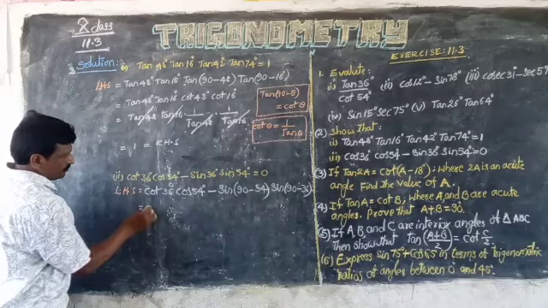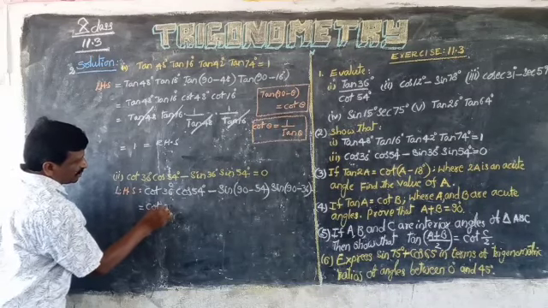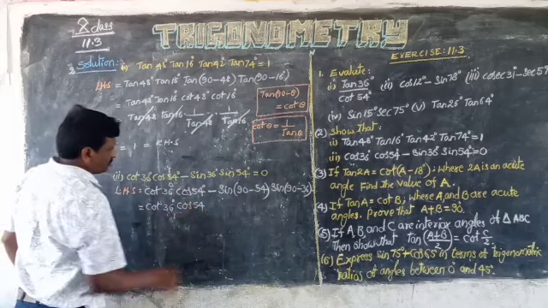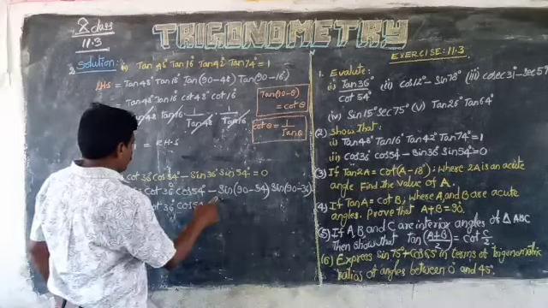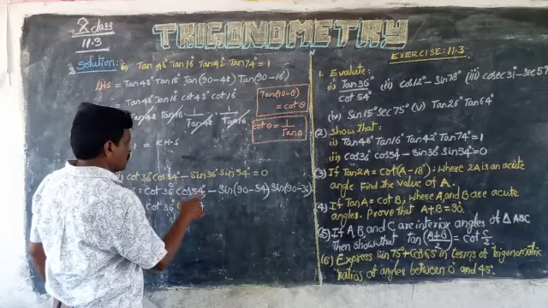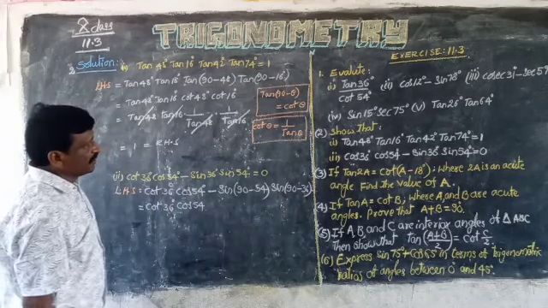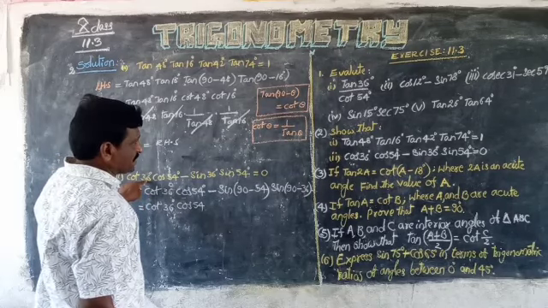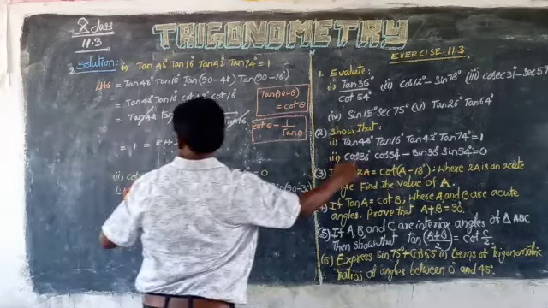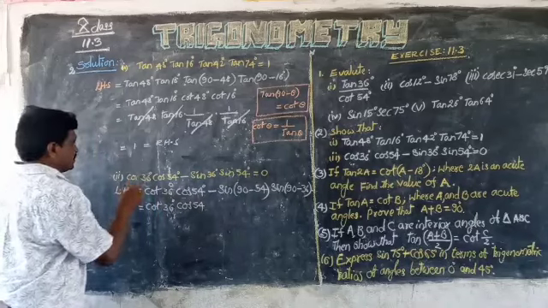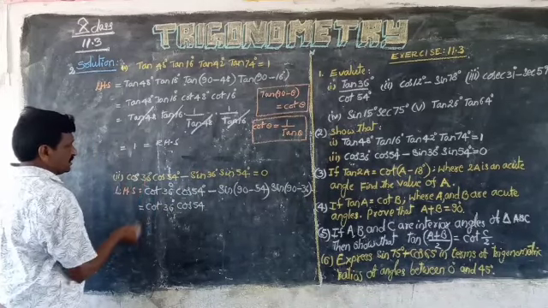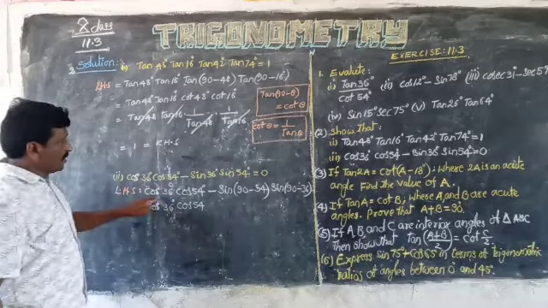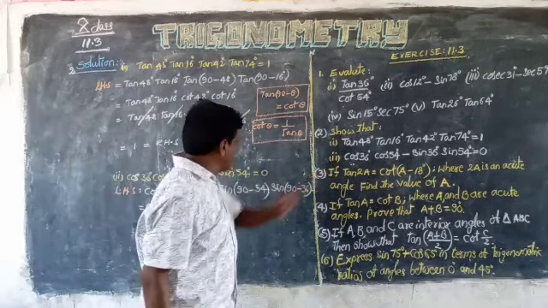So cot 36, cos 54. This is cot 36, not cos 36. Sorry, this is cos 36.